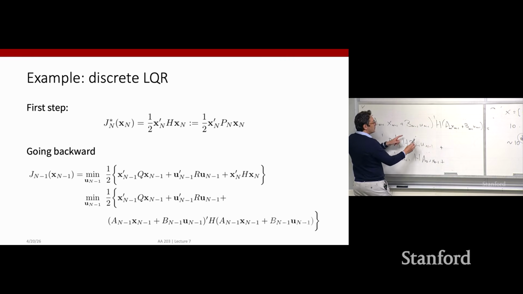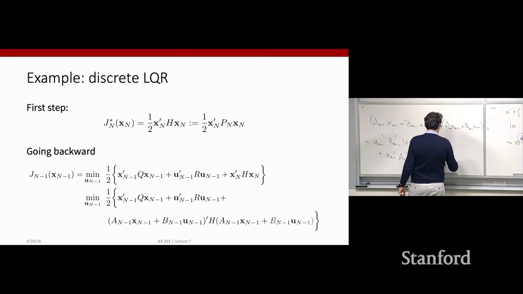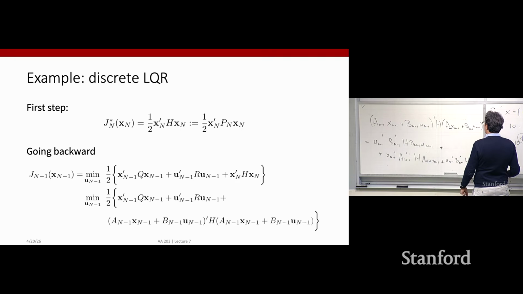And then we have the cross terms. So we have a plus u n-1 transpose b n-1 transpose H a x n-1 plus the other term, plus x n-1 transpose a n-1 transpose H b n-1 u n-1.